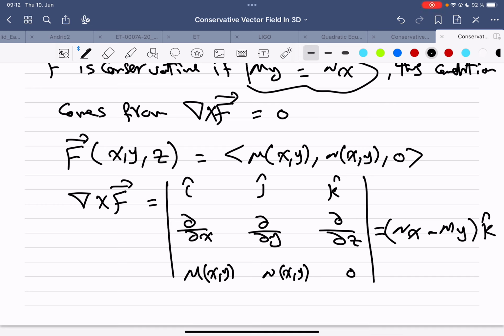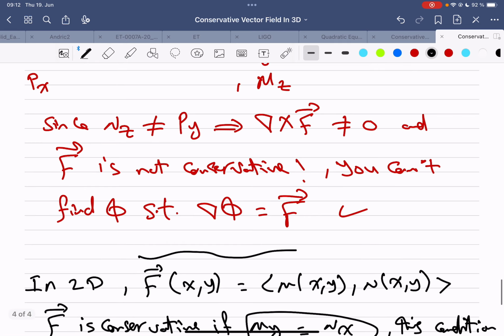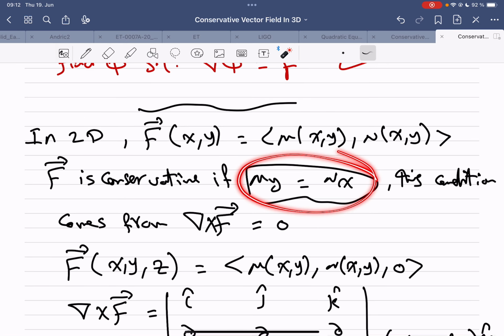So curl f equals 0 when this term equals 0, when n x equal m y, which is the same condition that we took last video.